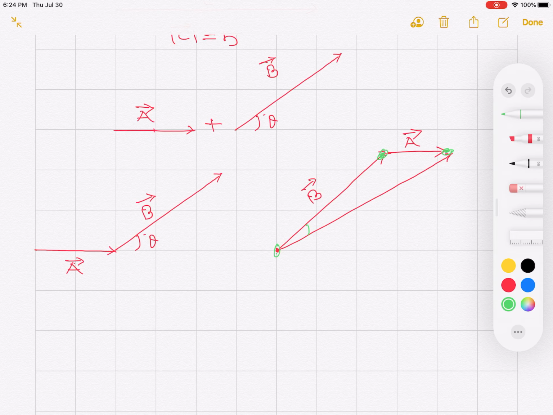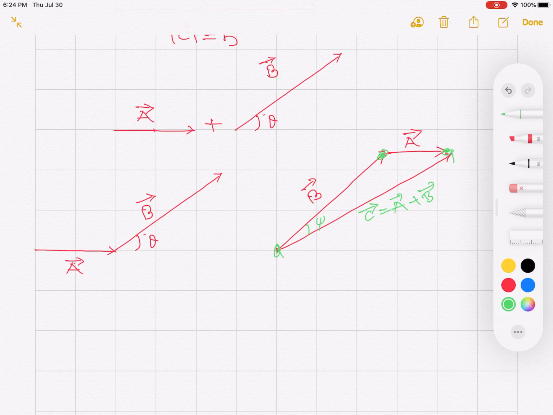Suppose this angle is denoted by phi. So the magnitude of the resultant vector C is that of A plus B.